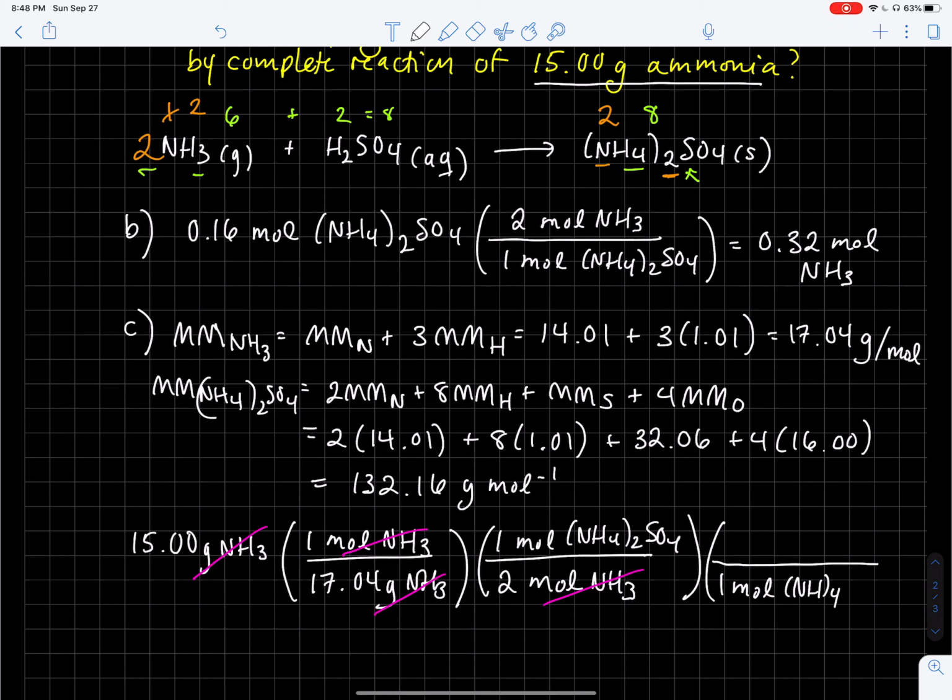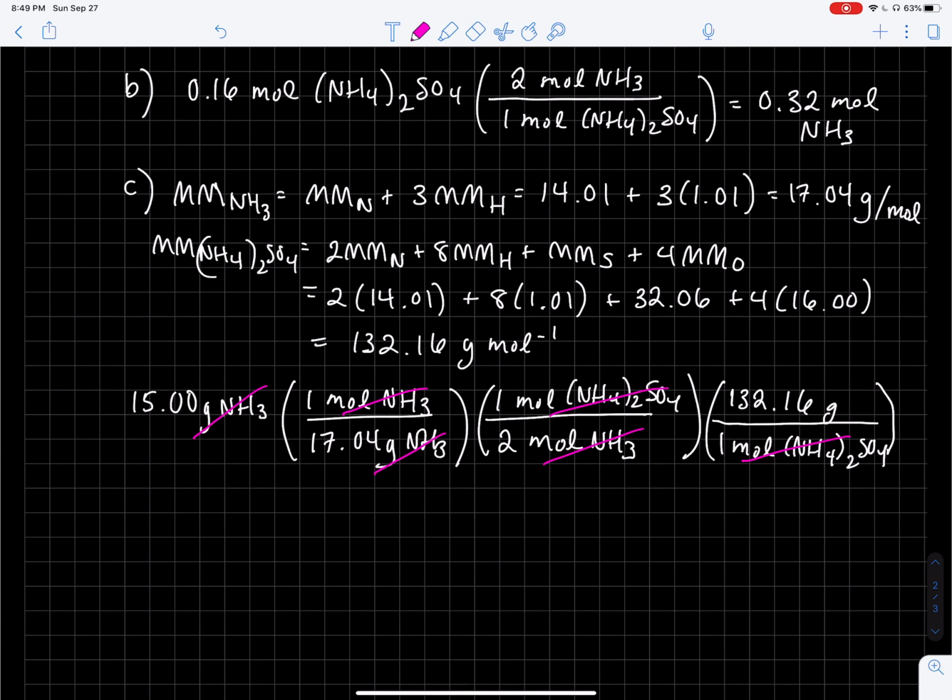So 1 mole of (NH4)2SO4, we decided is 132.16 grams. So now we've gotten rid of moles of ammonium sulfate. And I believe if you multiply that through, you get 58.17 grams of ammonium sulfate.